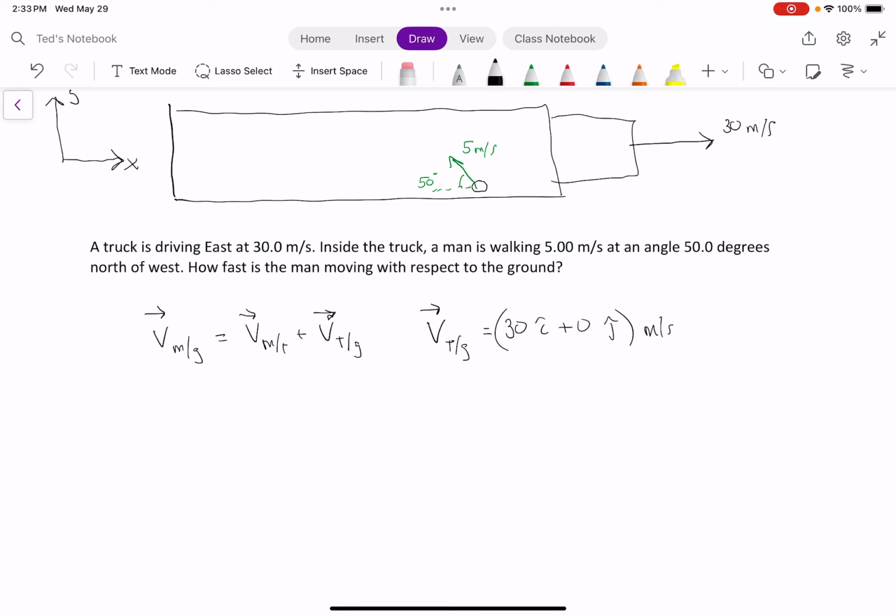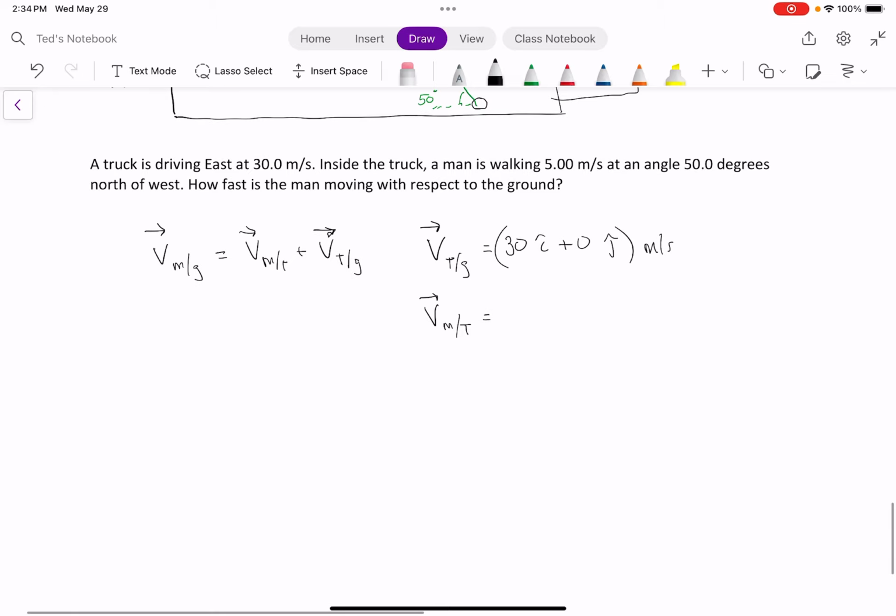To get the velocity of the man with respect to the truck, we have to find some components. So I'm going to redraw the triangle for that. We've got 5 meters per second as the hypotenuse, and this angle was given as 50 degrees. Right now I'm just going to treat this like a triangle. I'm not worried about any positives or negatives.